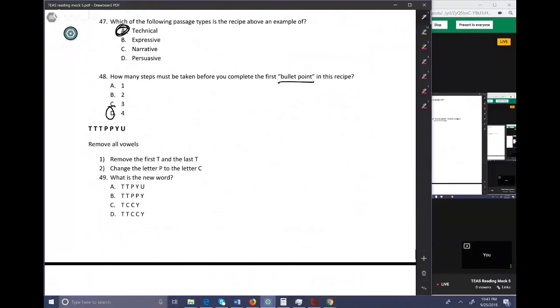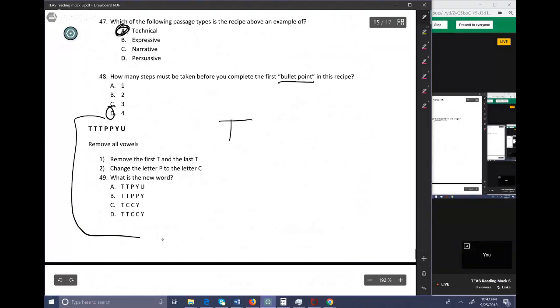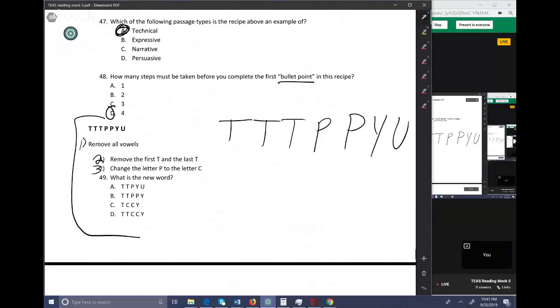You will get absolutely one of these where you have to edit a word like this. There'll always be one of those. So TTTPPYU, it says remove all vowels. I don't know why this doesn't have a number next to it. This should say 1, 2, 3. If that was confusing, sorry, because I don't know why it doesn't have the little instruction thing.